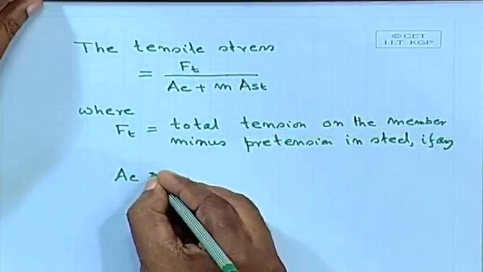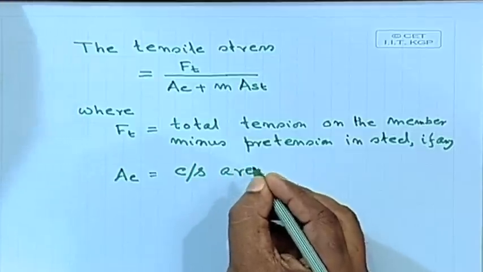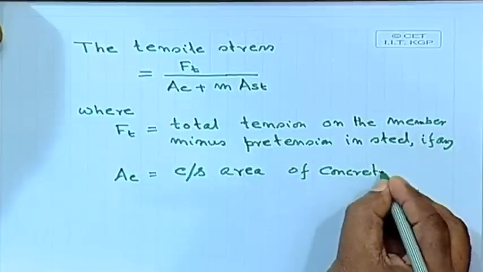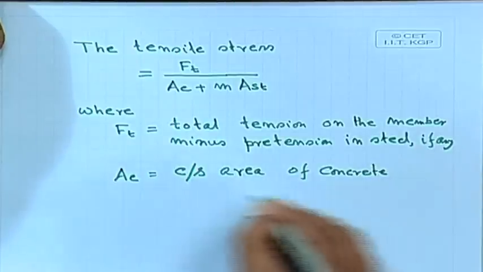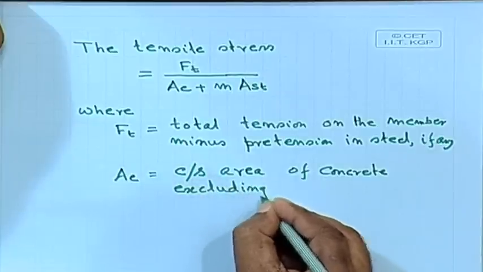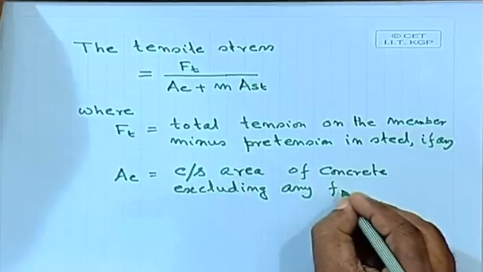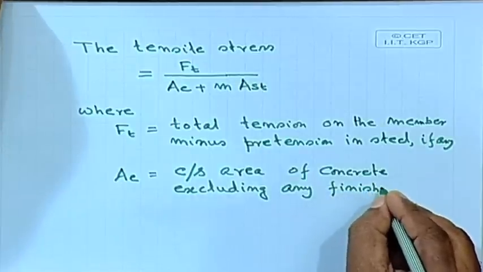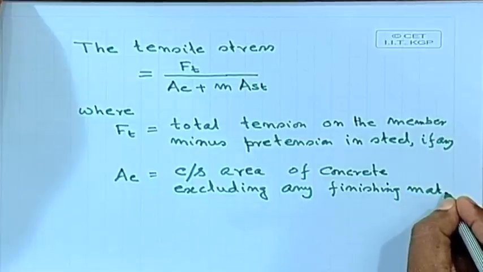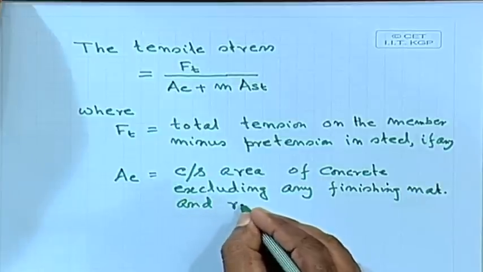And AC, cross sectional area of concrete, excluding any finishing material and reinforcing steel.